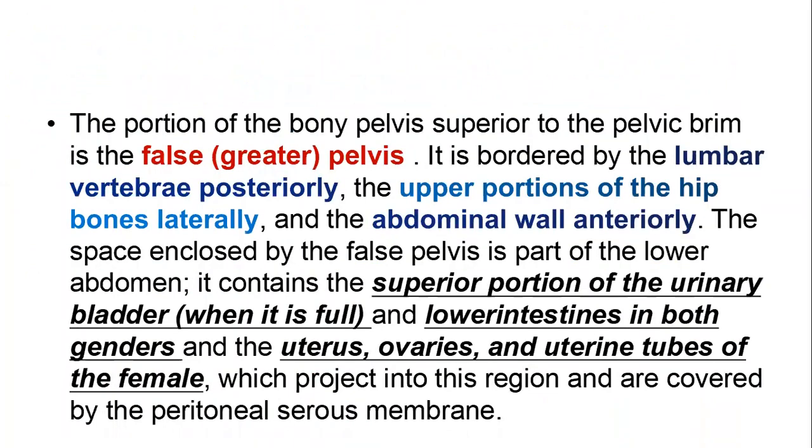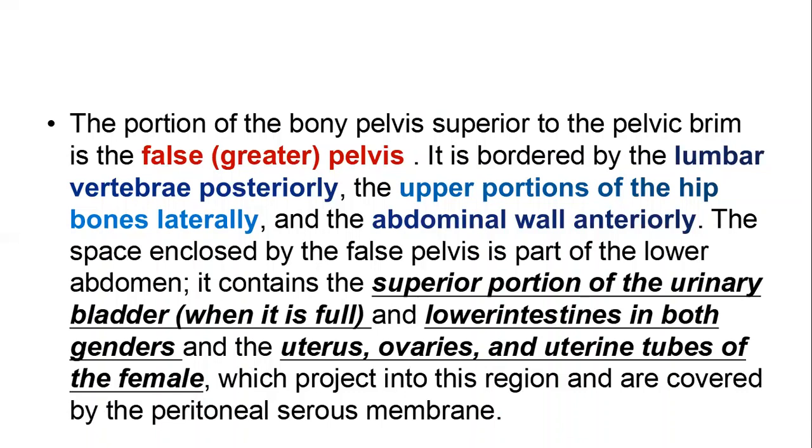The portion of the bony pelvis superior to the pelvic brim is the false or the greater pelvis. It is bordered by the lumbar vertebrae posteriorly, the upper portions of the hip bones laterally, and the abdominal wall anteriorly. The space enclosed by the false pelvis is part of the lower abdomen, and it contains the superior portion of the urinary bladder when it's full and lower intestines in both genders.